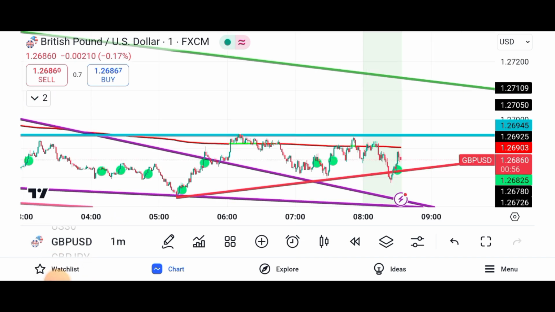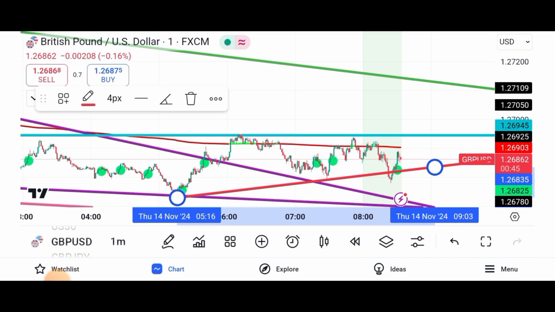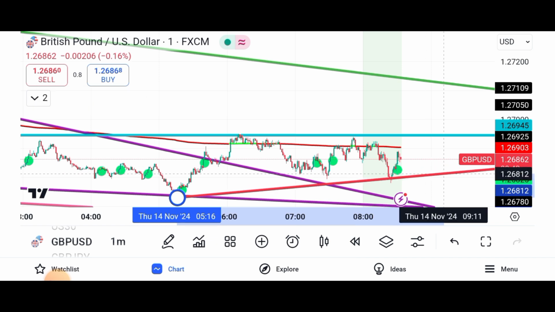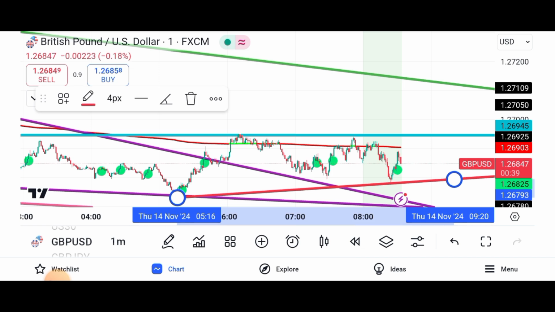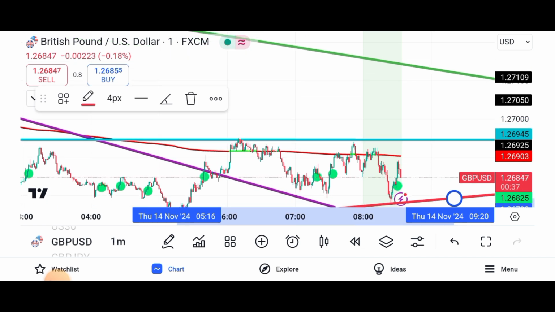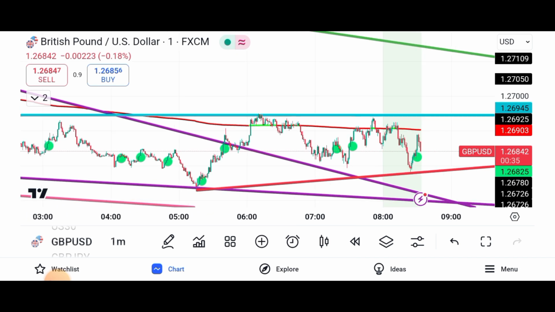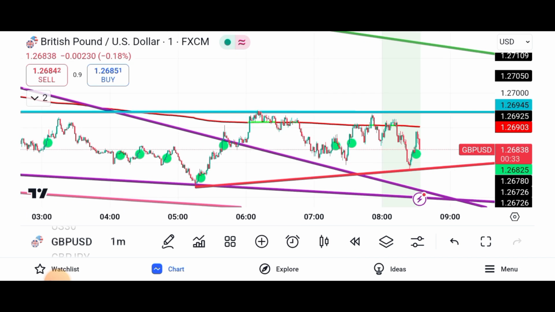Okay, guys, so it broke out of our trend line a little bit here. Once it broke out a bit, it couldn't sustain itself and eventually went back in. I'm just gonna move our trend line here on the 1 minute chart just to give a much better reference.